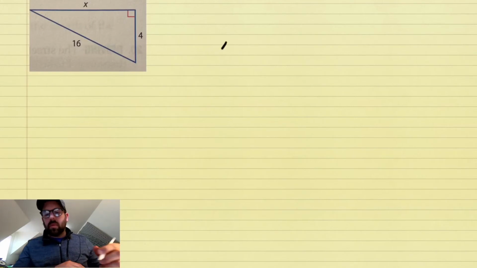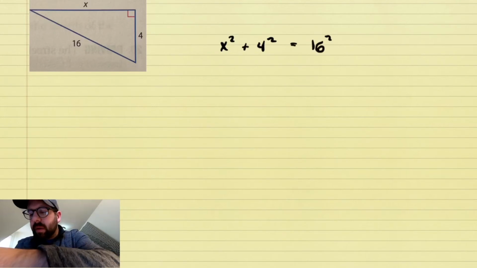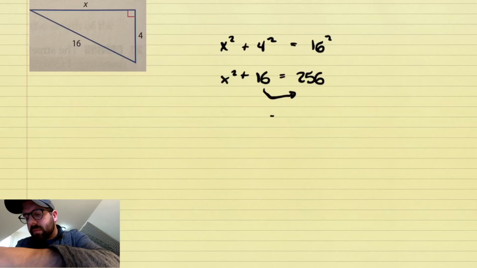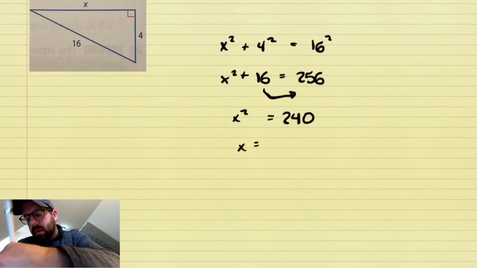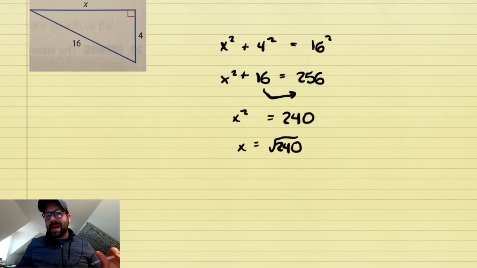So this one, same old: x and 4 are my a and b. Don't care which one's which. And then the 16 is my hypotenuse. So 4 squared is 16. My 16 squared is 256. I'm going to subtract this over, so I get 240. And then take the square root of that. Now the square root of 240 is not a clean number.